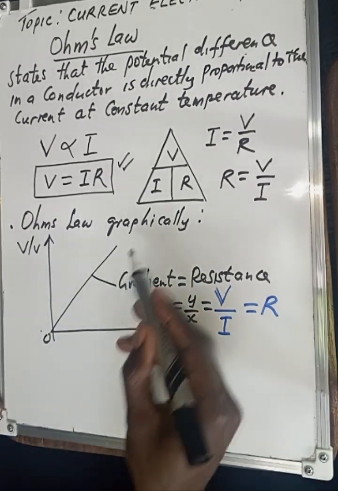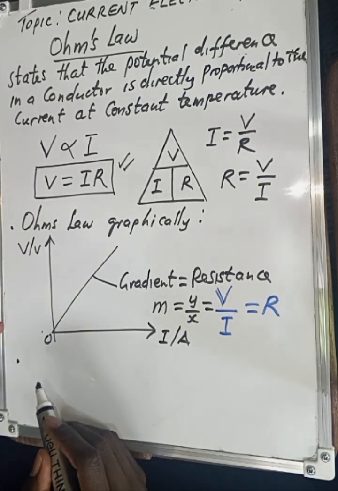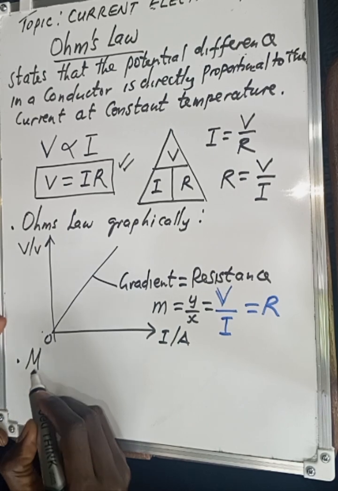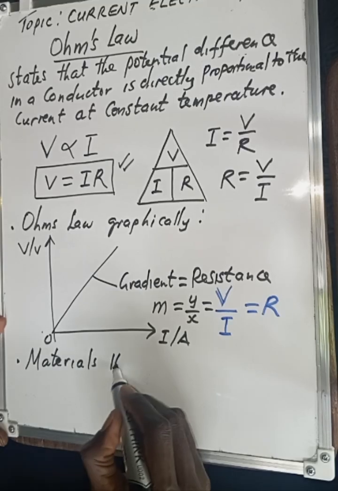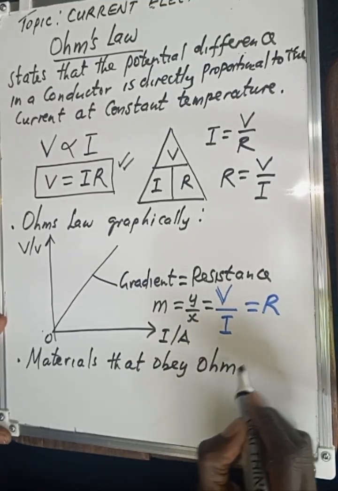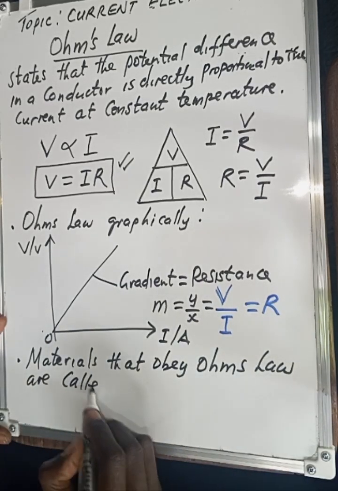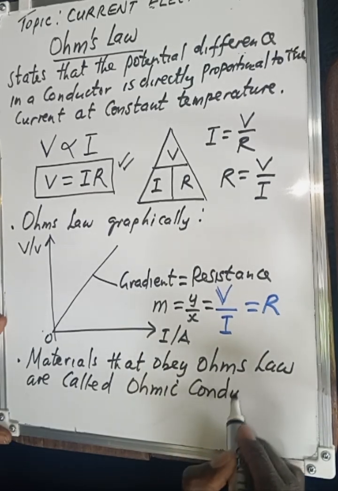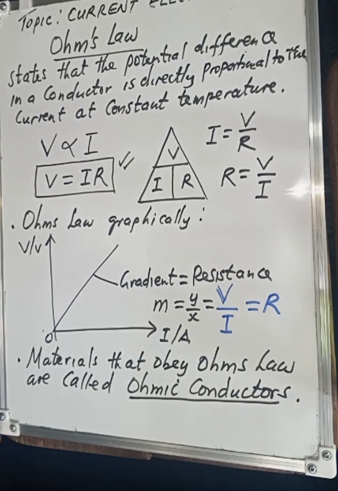Now, such materials that obey Ohm's law, we call them ohmic conductors. So I can write a point there and simply say, materials that obey Ohm's law are called ohmic conductors.